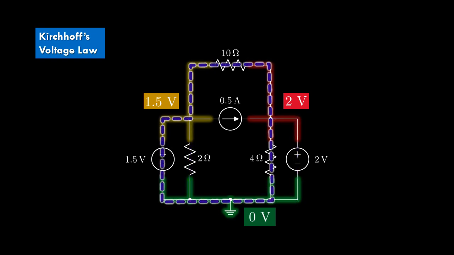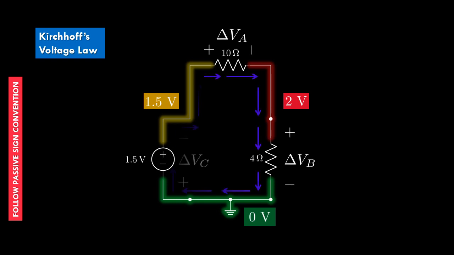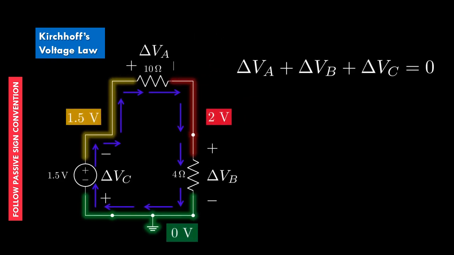So let's focus on one loop and demonstrate what it actually says. If you imagine walking along the loop, you will encounter a lot of components. And if you add up the voltage differences of those components, you'll get a total of 0 volts.